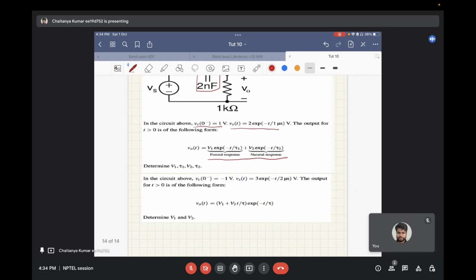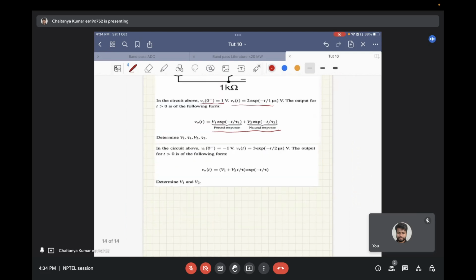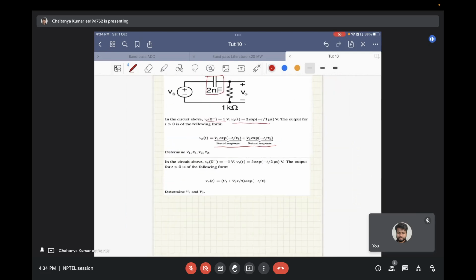So let's try to solve it. First we will find only the response due to the initial condition. So we'll short the input, and we will have a 2 nanofarad capacitor and a resistor.